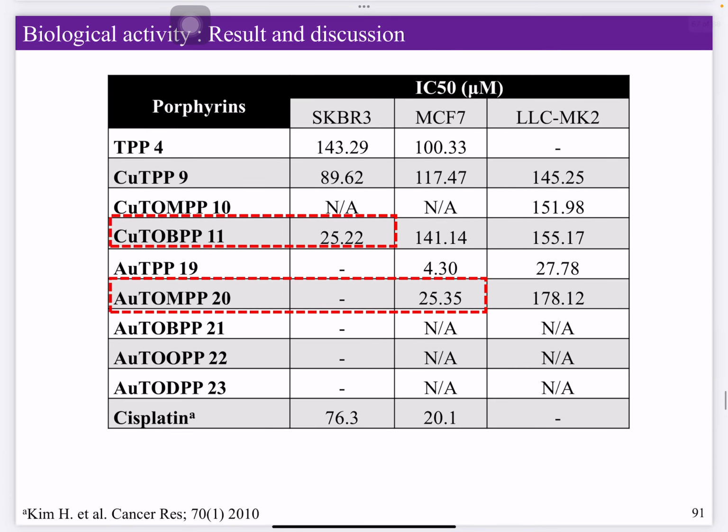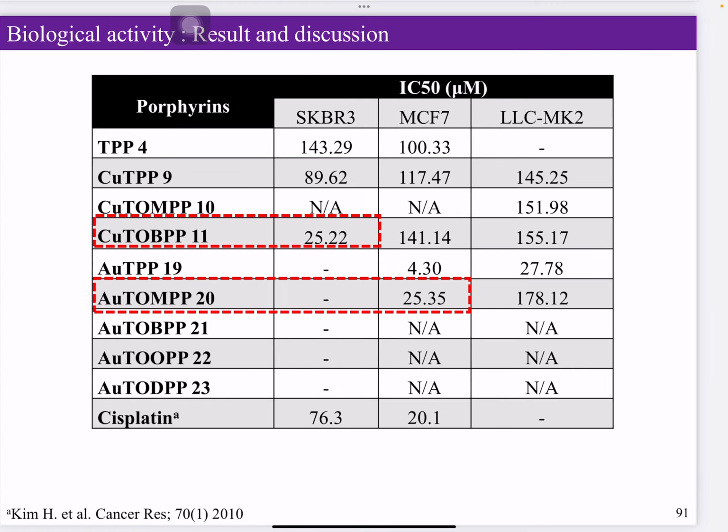We can summarize the IC50 in the table. For the SKBR3, copper TOBPP shows about 25.22, and for the MCF7, gold TPP is active at 4.33, and also TOMPP, as we get the new information.